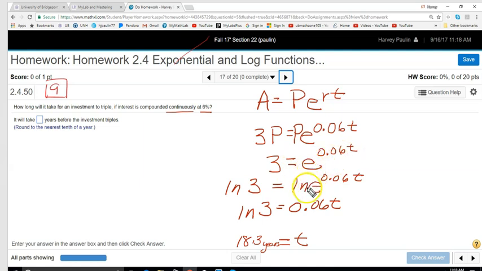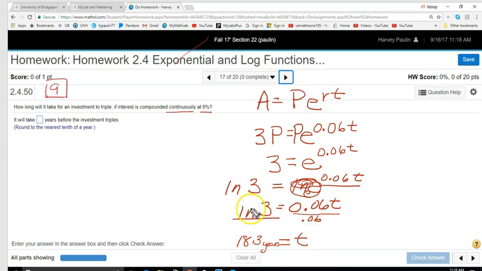Since the base of the natural log is e, this part here disappears, and this then becomes what the result is. Now, again, there's a little tricky part here, a little higher math. We're going to divide both sides by 0.06.